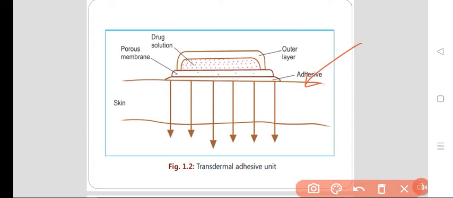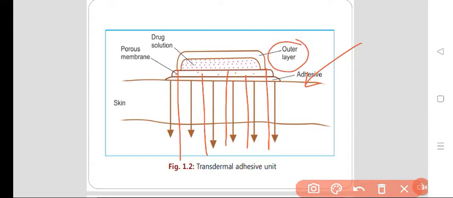This is the porous membrane. The drug will get absorbed into the skin. So there are various layers. First is the outer layer, then there is a porous membrane, and in between the outer layer and porous membrane there is a drug reservoir, as you can see in the dotted portion.